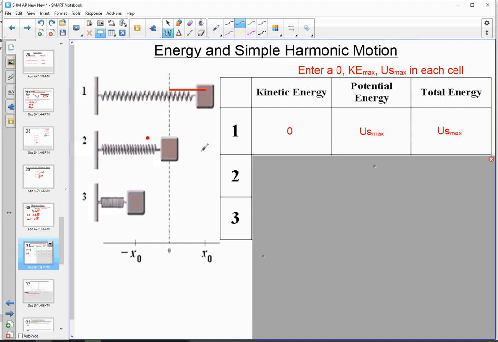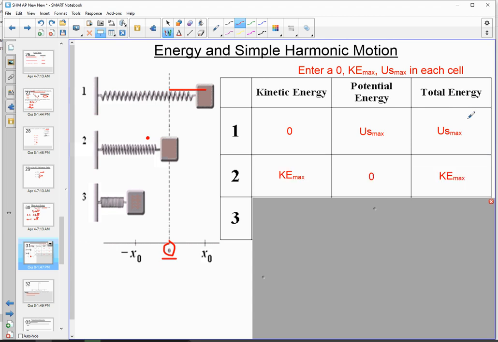All right. As the mass passes through the equilibrium position here, where there's no stretch, it's going the fastest here. So you're going to have all KE, and you'll have no potential energy because there will be no stretch. You will have an x of 0, and the total energy then would equal the KE max. Now, keep in mind, due to energy conservation, these two will be the same number, right?